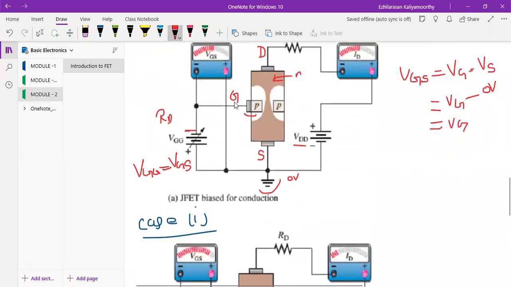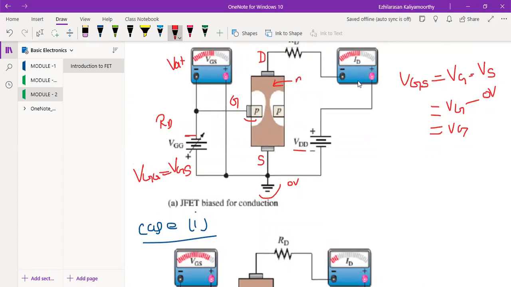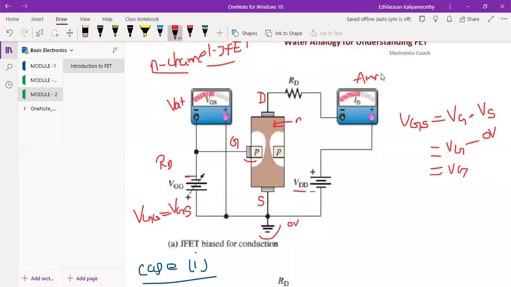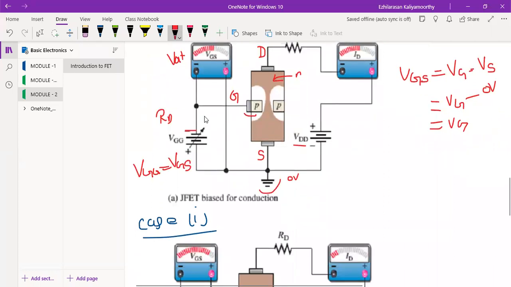See here, at the input, the G, we connected a voltmeter. This will be your ammeter because we are going to calculate the current. For the applied voltage, we are going to calculate the current as ID. The ID current flows from drain to source. As I said earlier, the current will flow from drain to source.